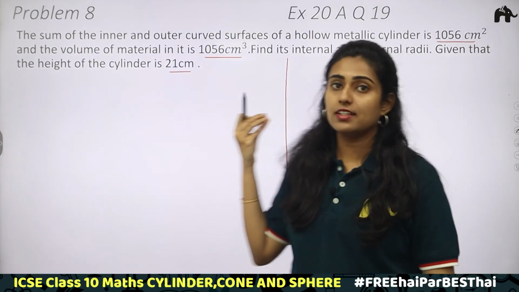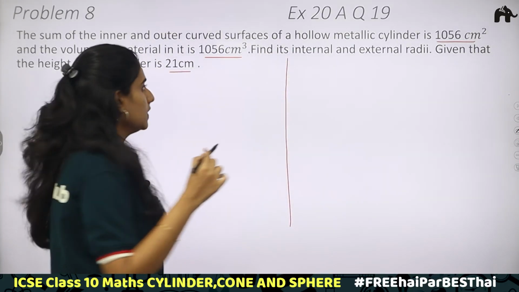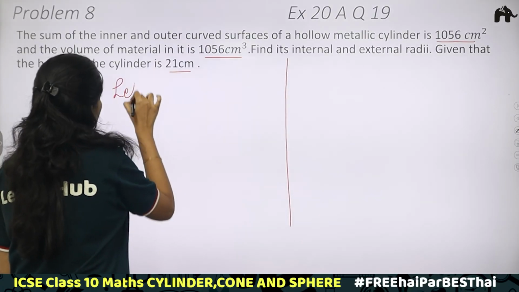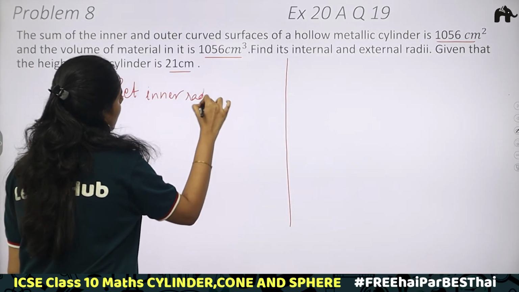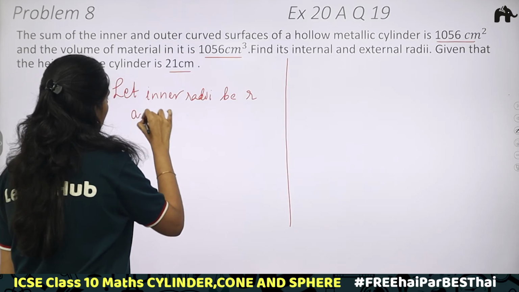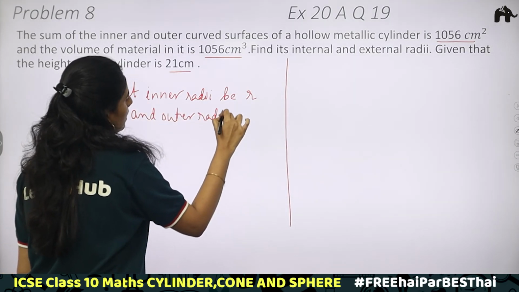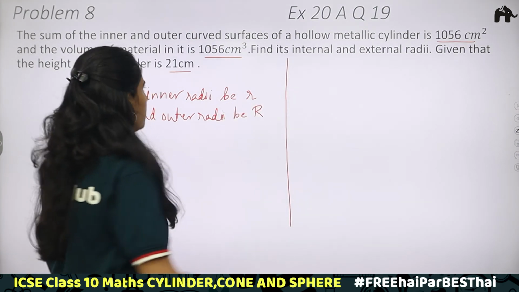The sum of inner and outer curved surface is given. So here let the inner radii be small r and outer radii be capital R. Okay.